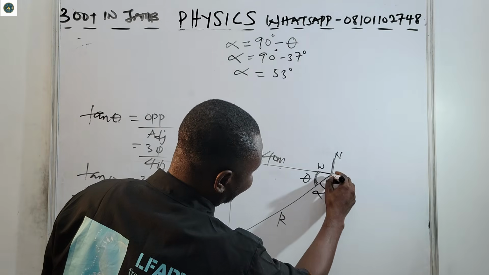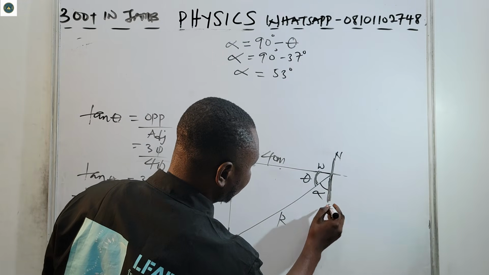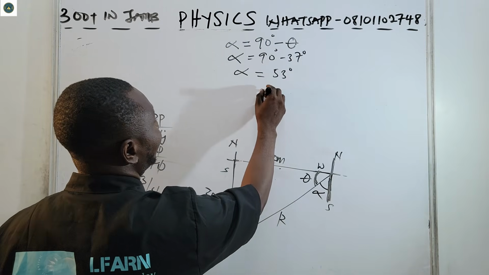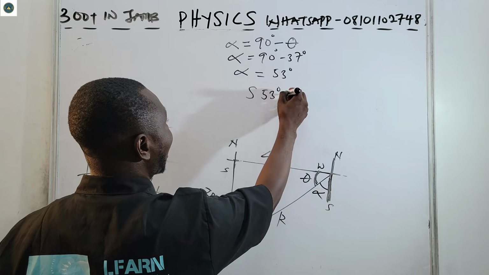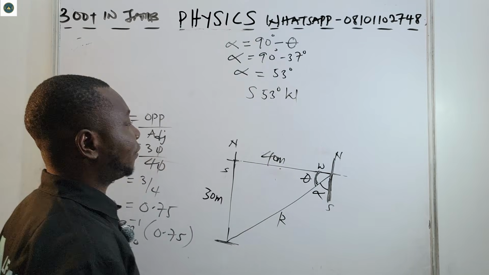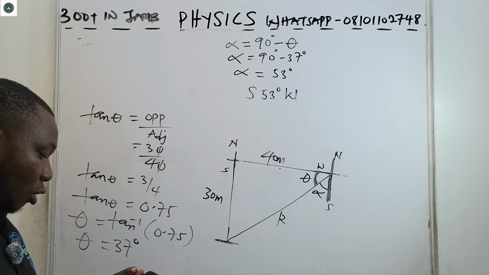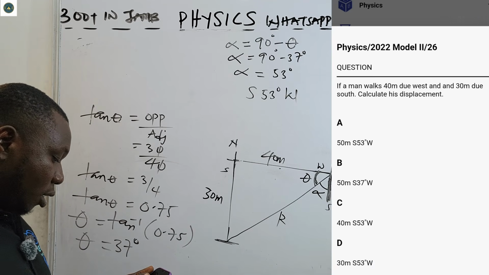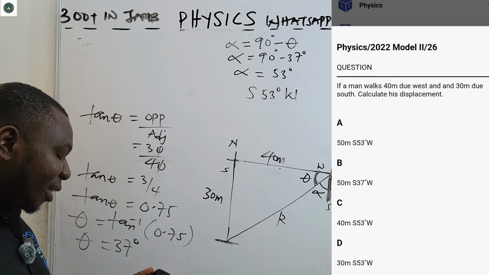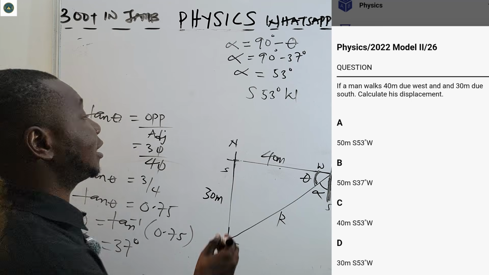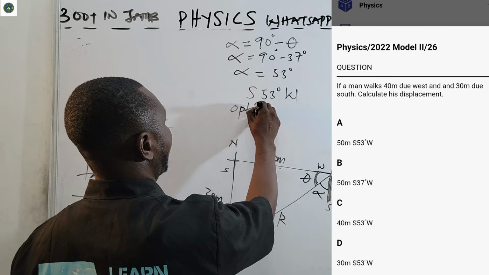Now, it lies with what? This is south. So that means we have 53 degrees southwest. So the correct option there is A. The answer is A.